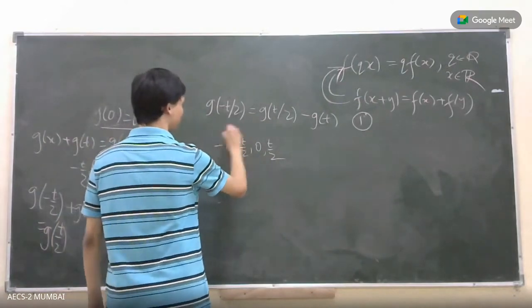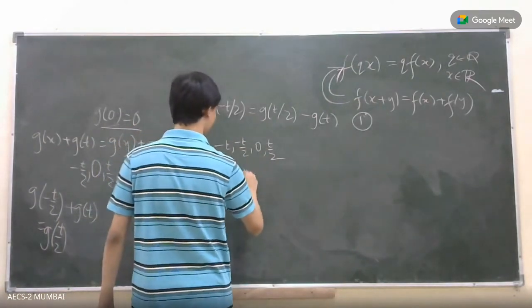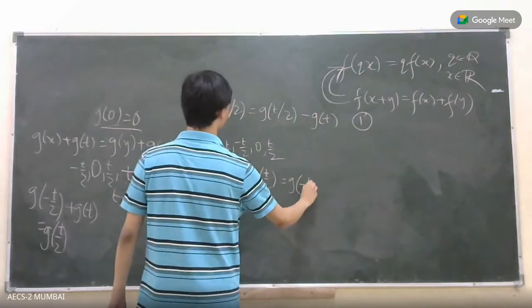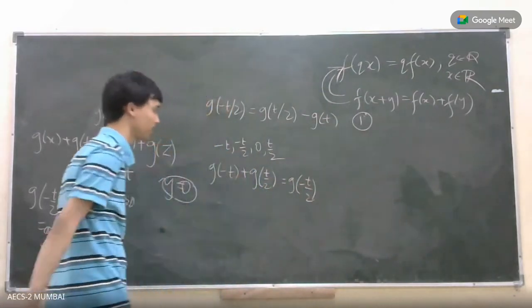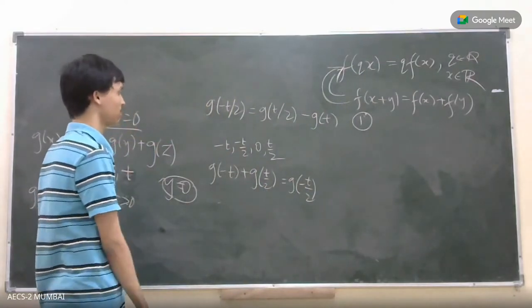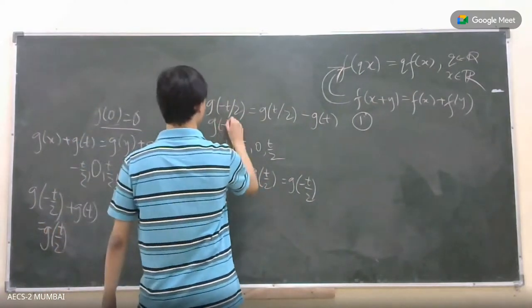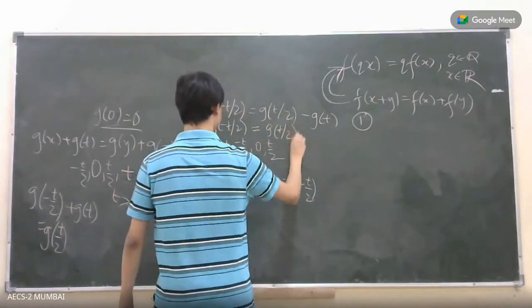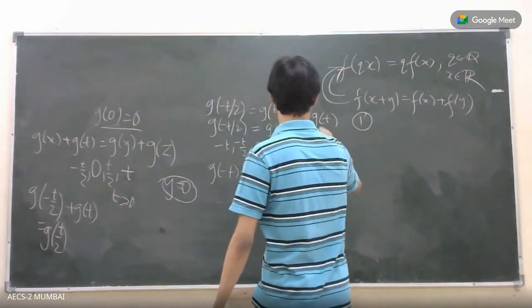The sum of the g's of these two, g of minus t plus g of t by 2, is g of minus t by 2, right? So what do you get? G of minus t by 2 is g of t by 2 plus g of minus t.